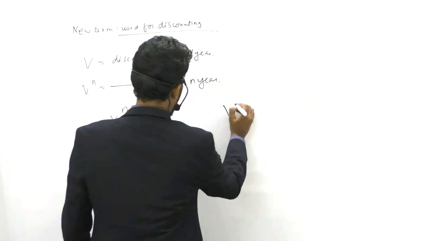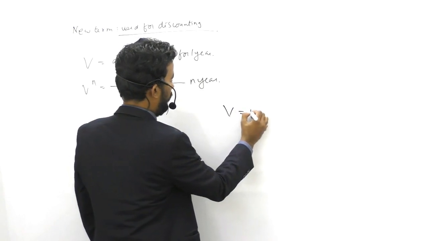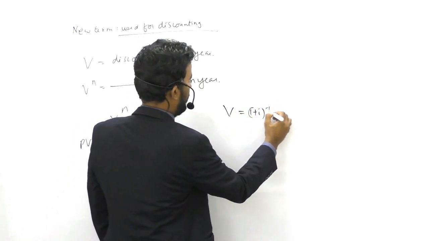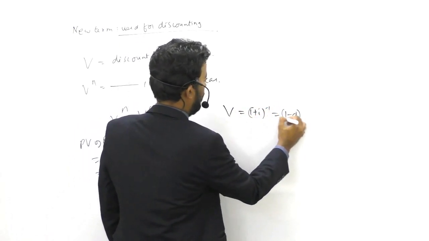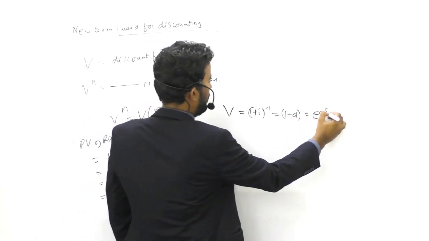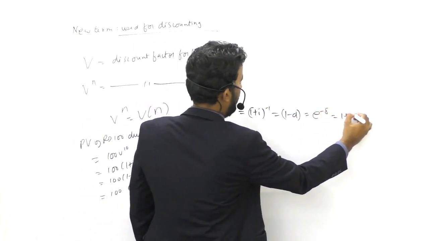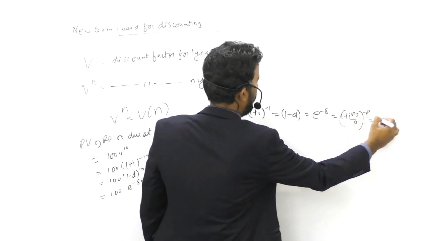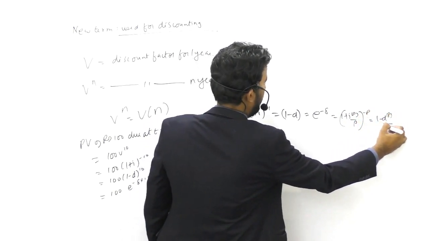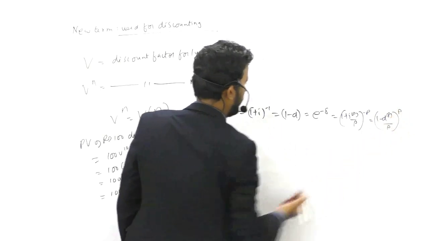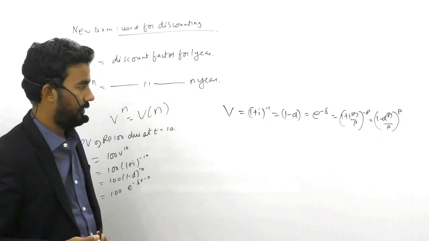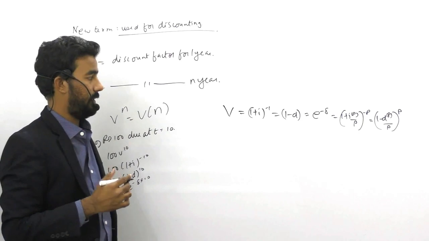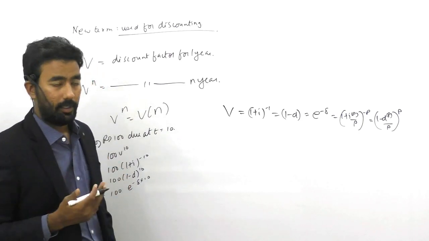So V raised to n, or I would just write V is equal to 1 plus i raised to minus 1, or it is equal to 1 minus d, or it is equal to e raised to minus delta, or it is equal to 1 plus i(p) by p raised to minus p, or it is equal to 1 minus d(p) by p whole thing raised to p. So V can be a replacement of the discount factor of every kind of interest rate.